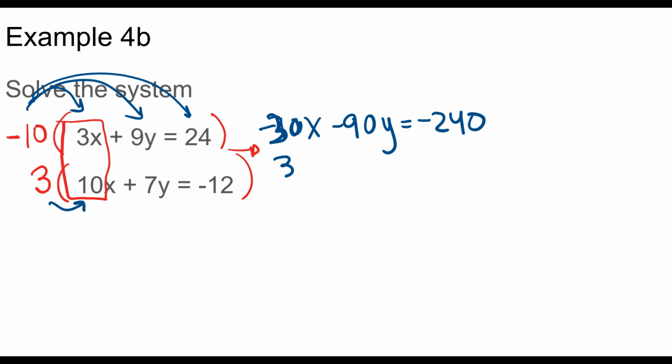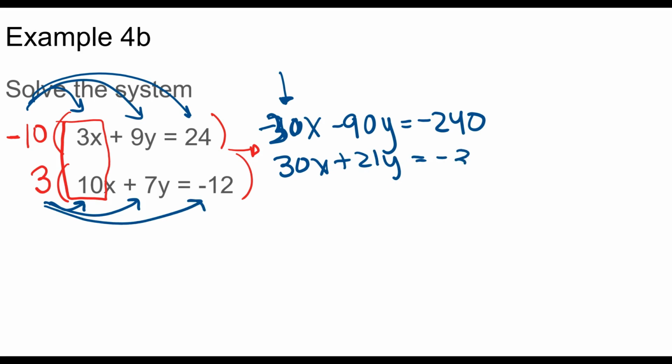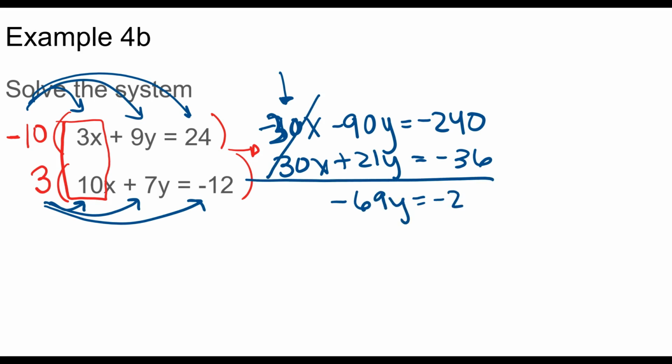And then we've got down here 30x. You should check, oh yeah, those are going to eliminate. Plus 21y is equal to negative 36. They eliminate. We get negative 69y is equal to negative 276. We divide both sides by negative 69, and we get y is equal to positive 4.